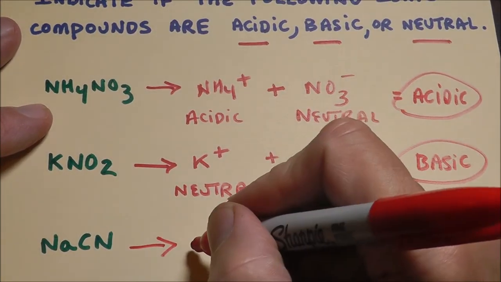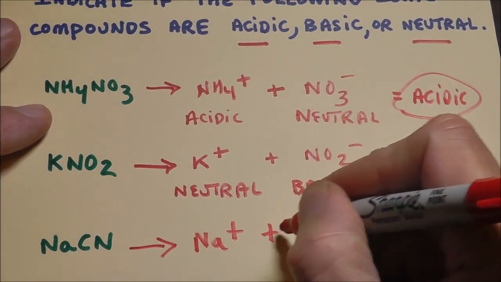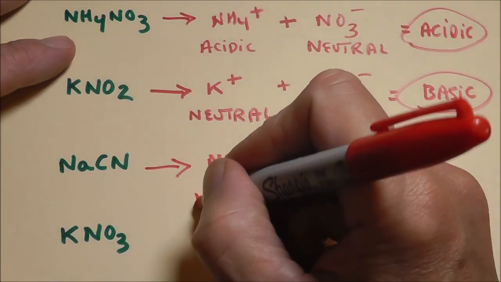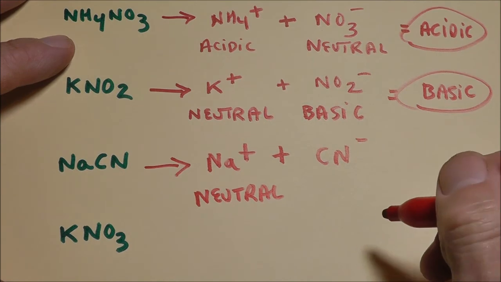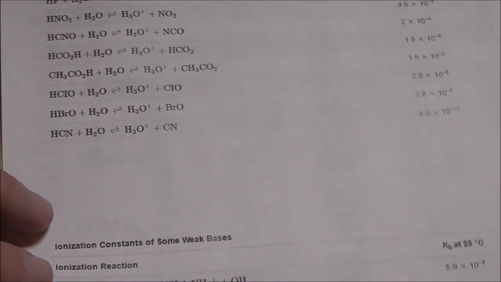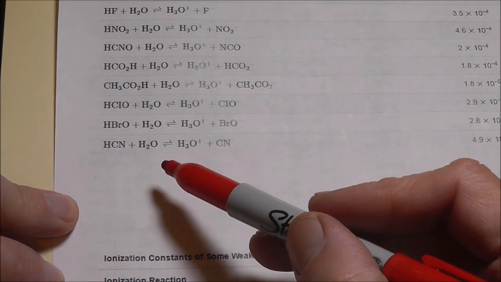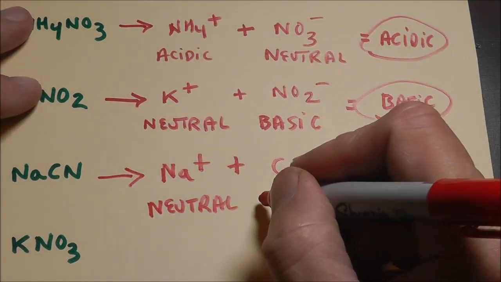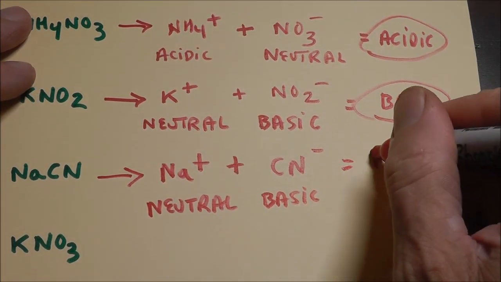Sodium cyanide. Ooh, don't ever eat it. Sodium, neutral. Ion produced by the strong base NaOH. Cyanide is the conjugate base of hydrocyanic acid, which is a weak acid. This is a basic ion. If you take neutral plus basic, you get basic.